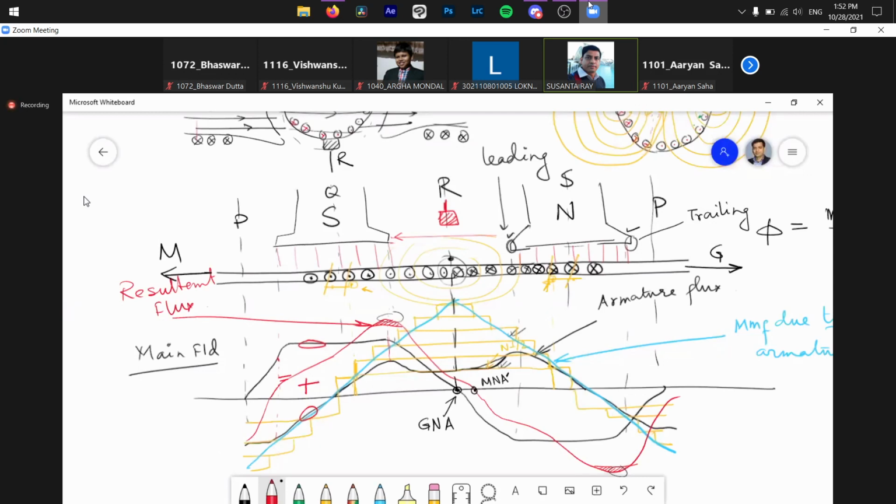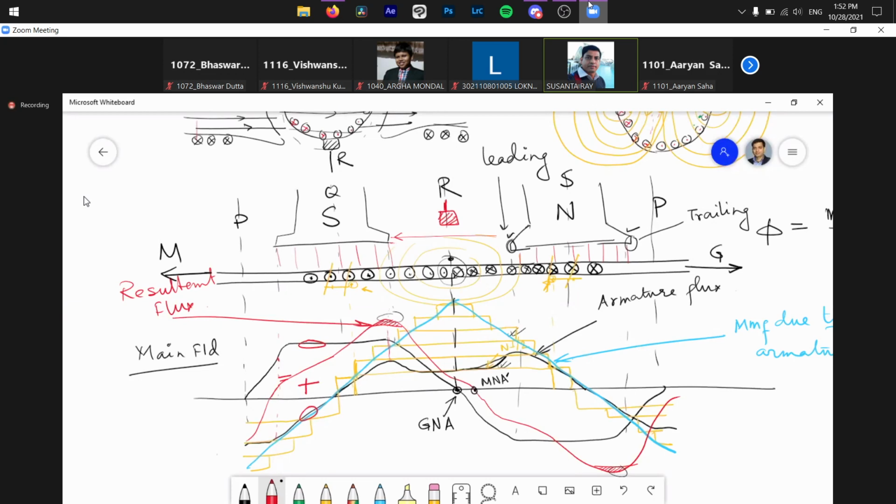Now, we have to keep the brush at a particular position, because the brush is a fixed, static thing, it doesn't rotate. So we have placed the brush at the R location. But now, after the armature reaction, we have a small amount of flux present at the position of the brush itself. So that is another observation.